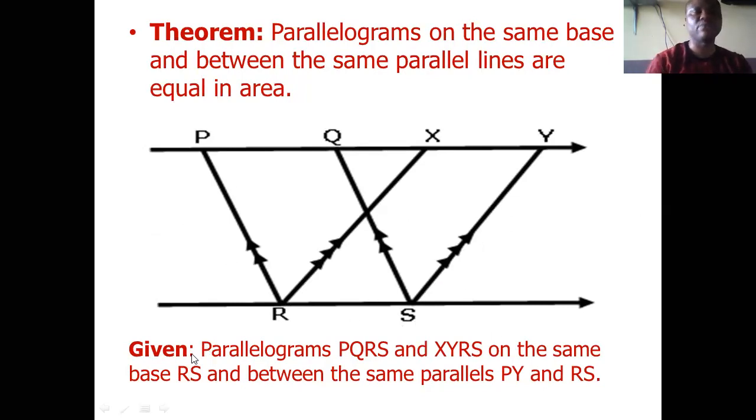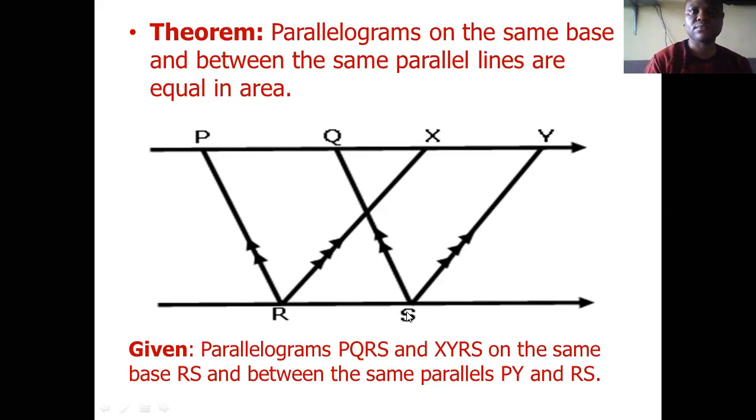Remember, we've done that before. Given parallelogram PQRX and XYRX on the same base RX and between the same parallels PY and RX. Next, what do we want to prove?